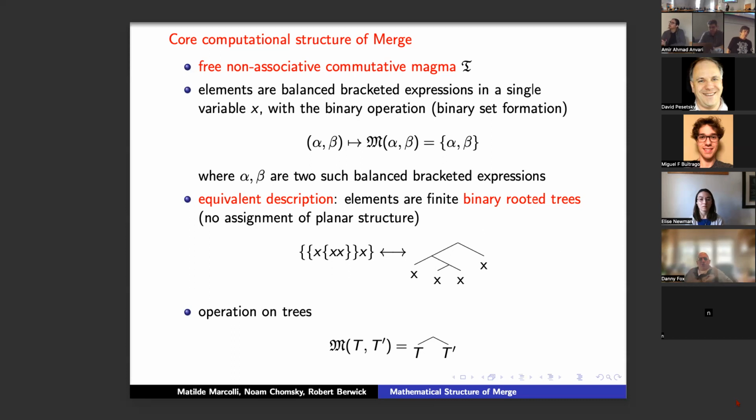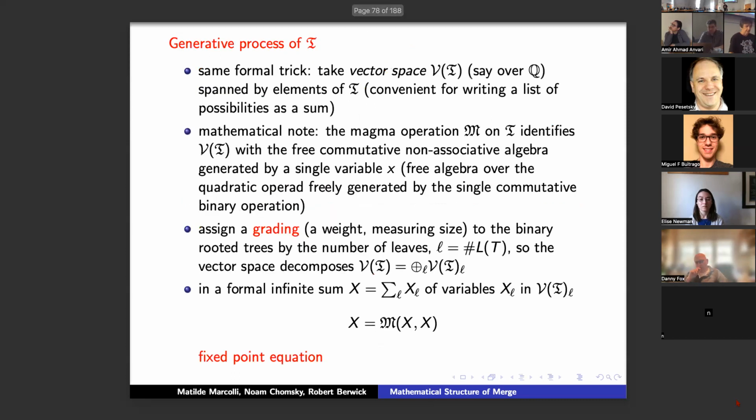So this means you just get these binary rooted trees without any assignment of planar structure, and you have this operation that puts them together. Again, you do the same formal trick that I described when I discussed the orthogonal structure.